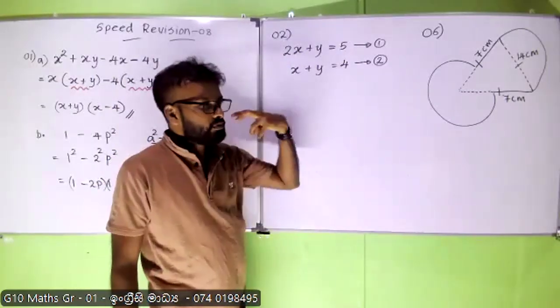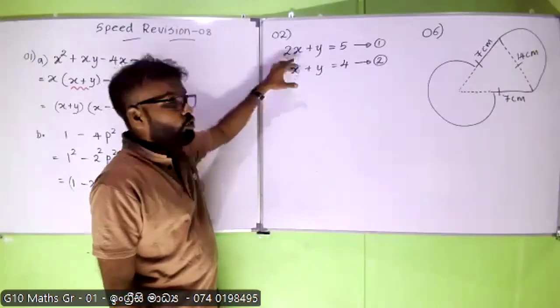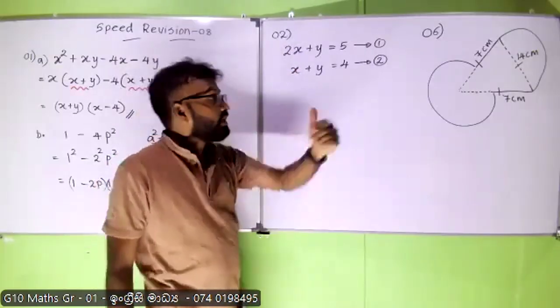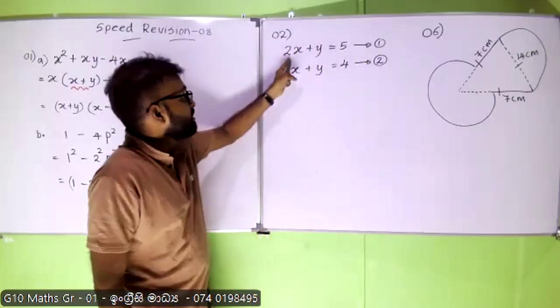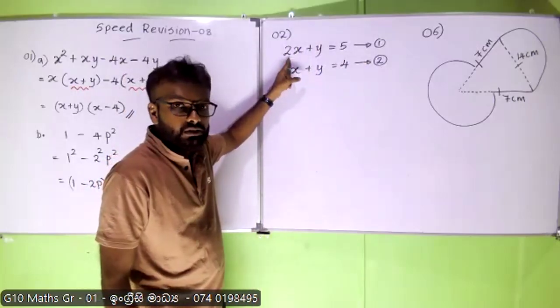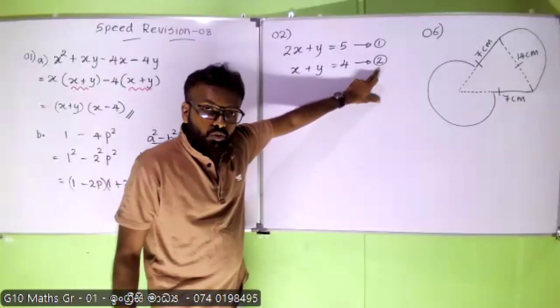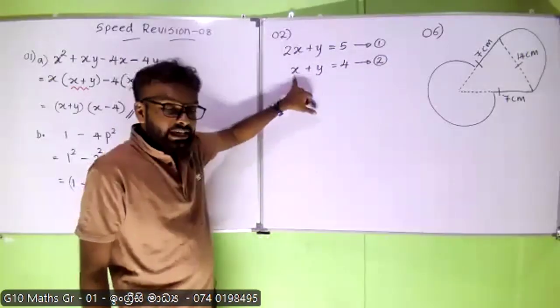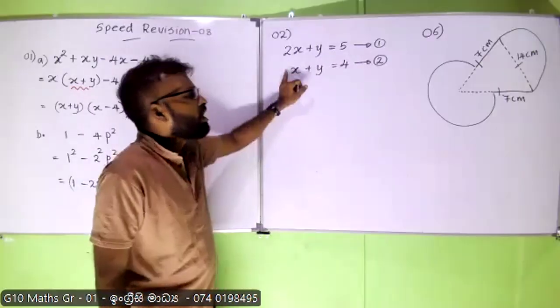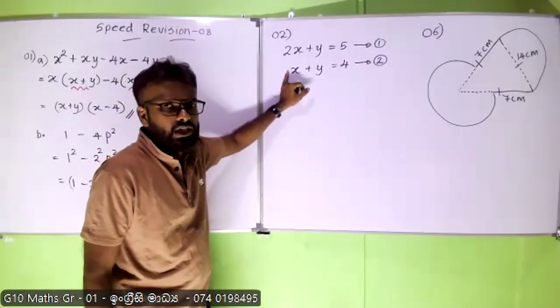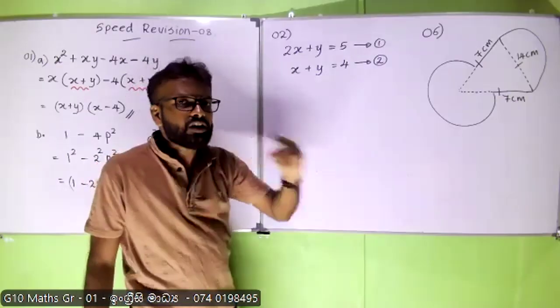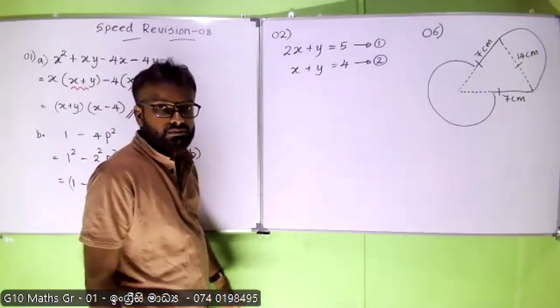If you see very carefully, the coefficient of x in the first equation is 2. The coefficient of x in equation number 2 is 1. Those are not equal, so at once you cannot eliminate x.